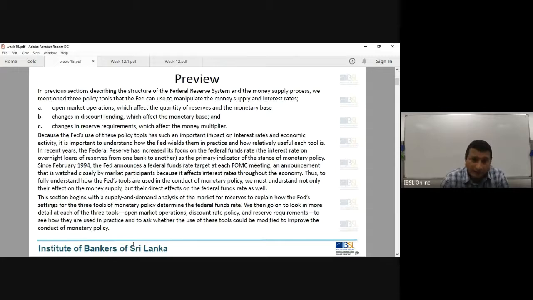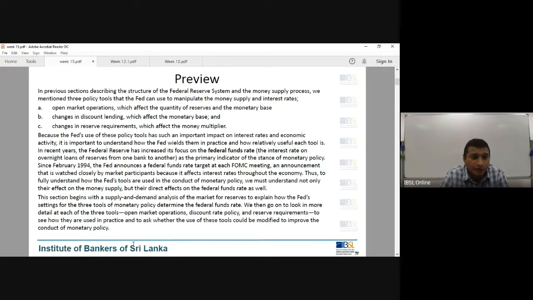And in the previous sections that we discussed, when we were describing the structure of the Federal Reserve and the money supply process that we just concluded, we highlighted 3 policy tools. These are conventional monetary policy tools. Non-conventional ones, yes, are there.